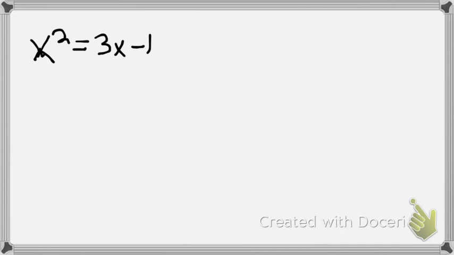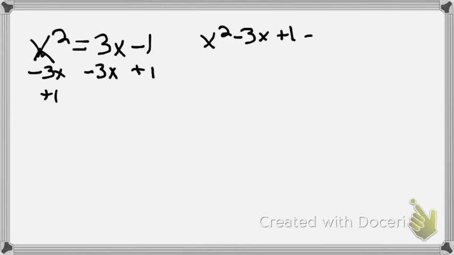So how would we apply this one? Subtract 3x and also add 1. When you get that to standard form, you have x squared minus 3x plus 1 equals 0. Now you're ready for the quadratic formula.